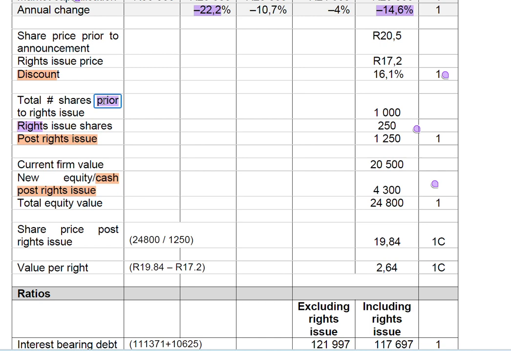We were told that for every 4 shares, there will be one right issue share, meaning we take a quarter of this. That is a quarter of 1,000. But remember, this is a rounded number. This is a billion shares, but we are going to use the amount they provided us in the table, which is rounded.